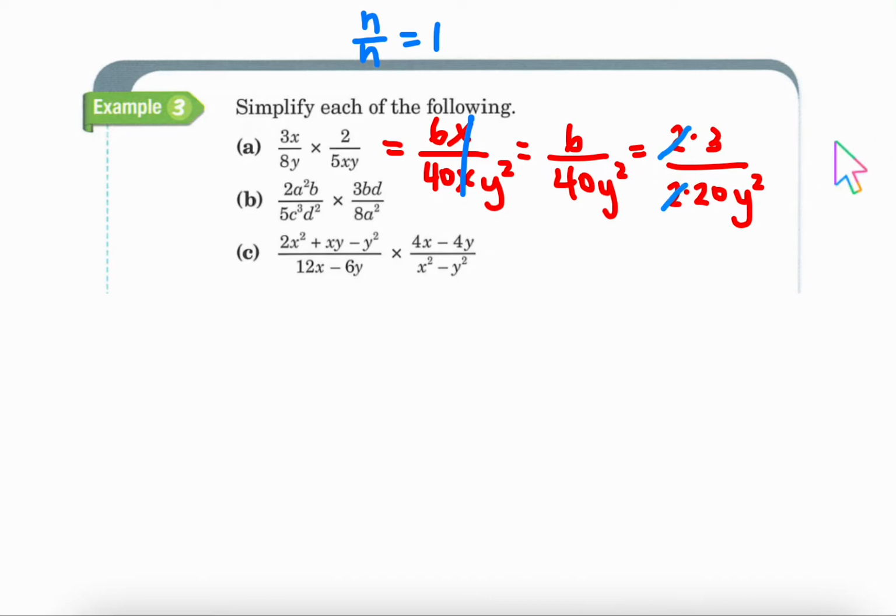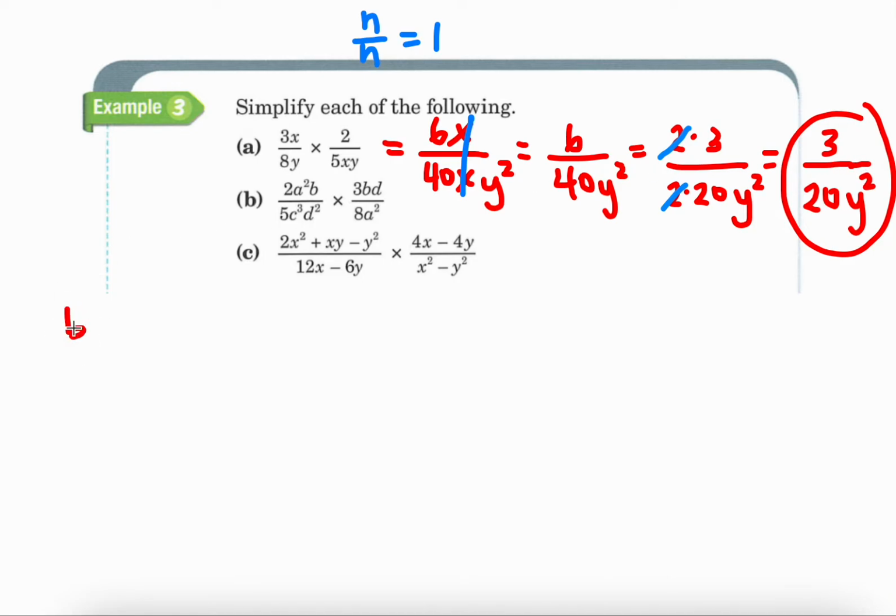So finally at the end, I have an answer that is multiplied and reduced. So I get 3 over 20y squared. Nothing else I can do now. Nothing at all. 3 and 20 don't have any common factors, and y squared doesn't have any y's to cancel out on top. So that's your answer for A.